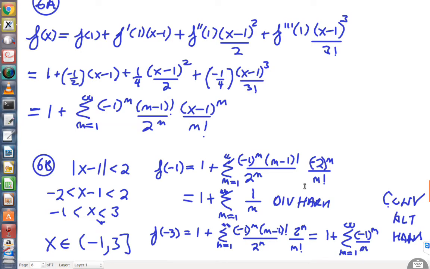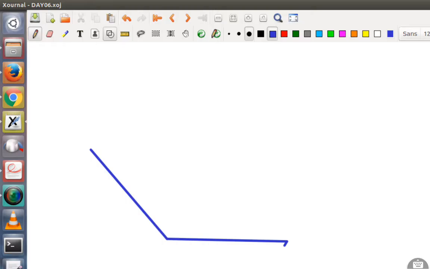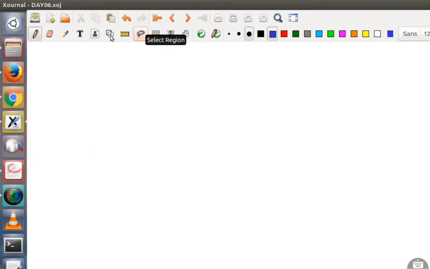Let's get another page going. So this is going to be 6C.